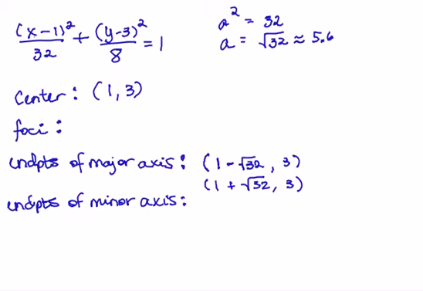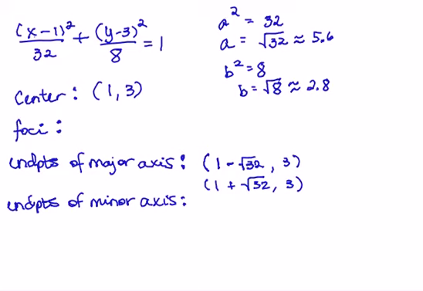Now to find the endpoints of the minor axis, we're going to use the 8, the denominator under the y binomial. So that's going to be our b squared is 8, which means that b is going to be the square root of 8, which is approximately 2.8.